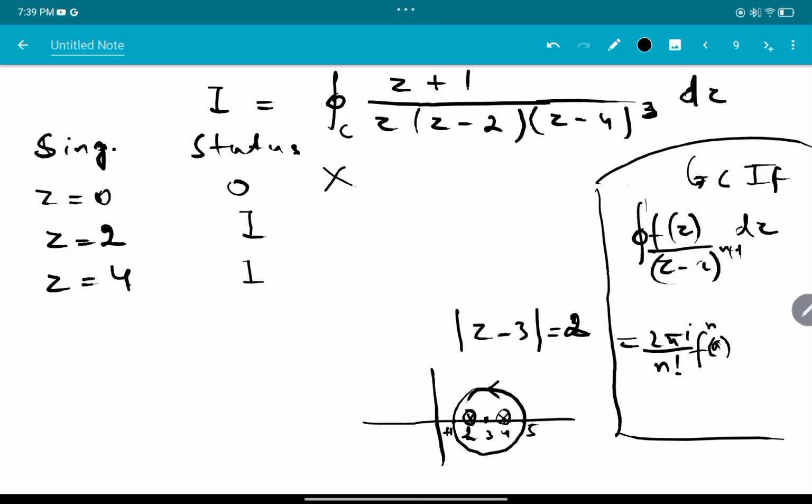Regarding z equal to 2 and z equal to 4, I will now use separate circular paths.